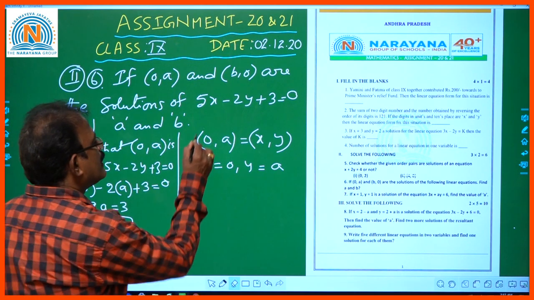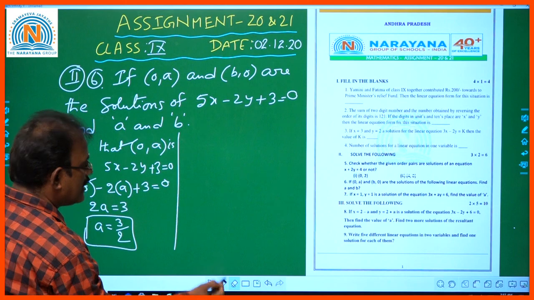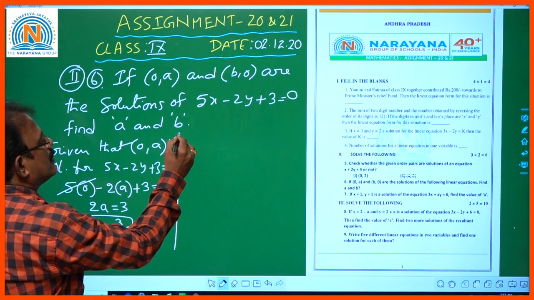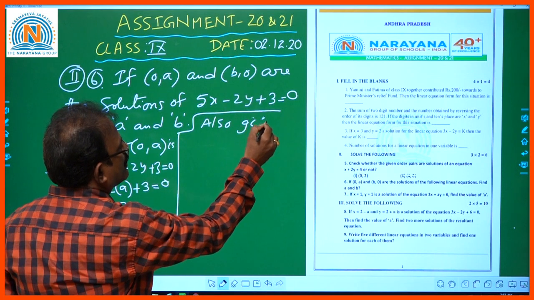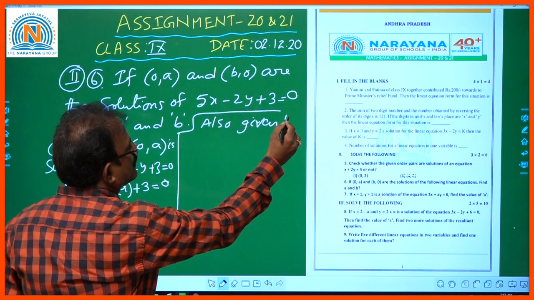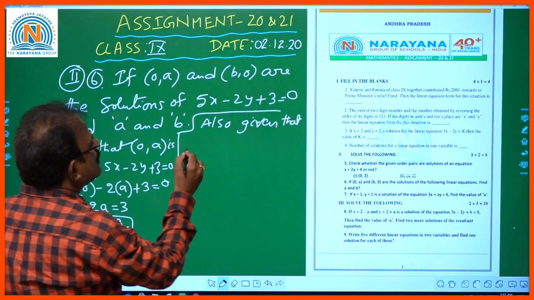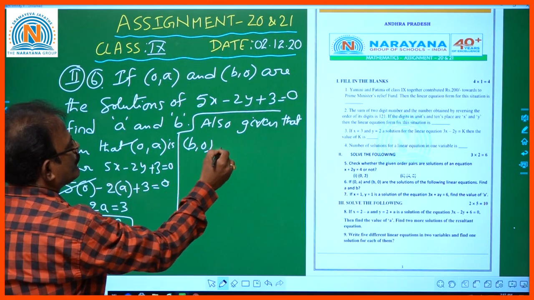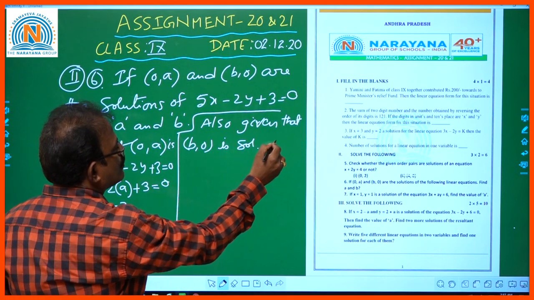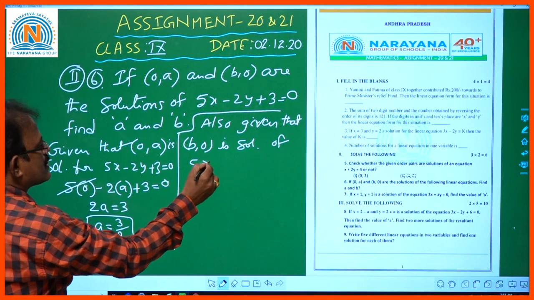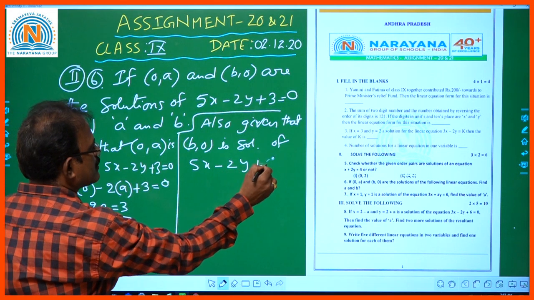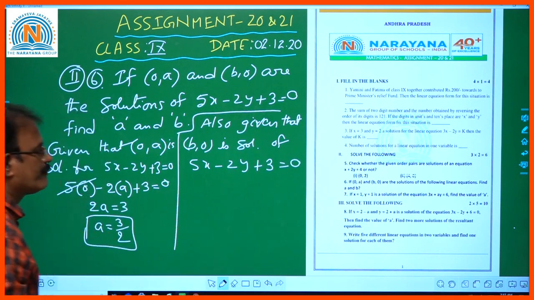Similarly, if you see the second point, it is also given that b comma 0 is a solution for 5x minus 2y plus 3 is equal to 0.